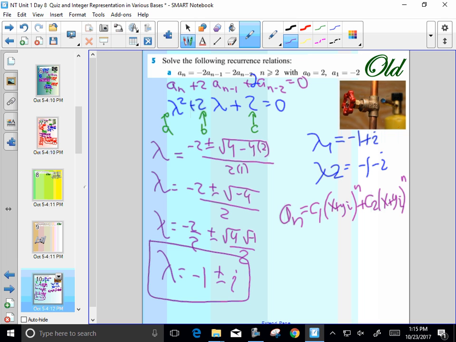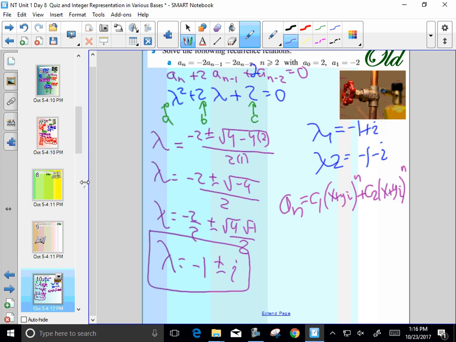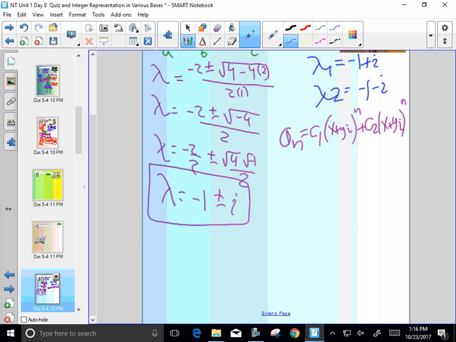Now, the problem is going to be when we want to find C1 and C2. But we're going to do this. Okay? So the first one was A0. Tell me what A0 was again. Was it 2? Okay. And then what was A1? Negative 2. Okay. So here goes.